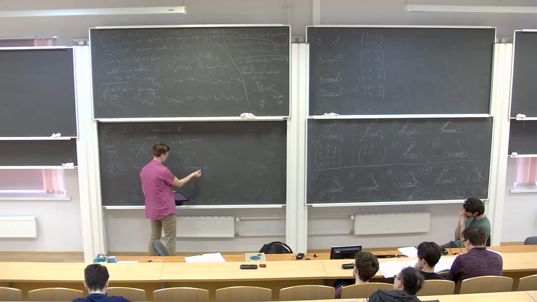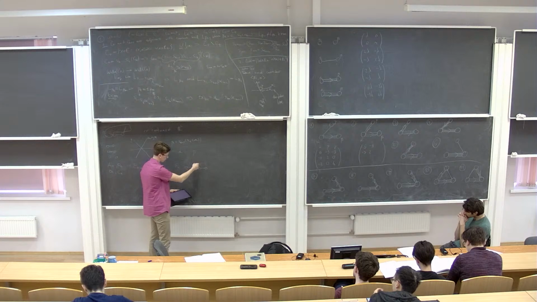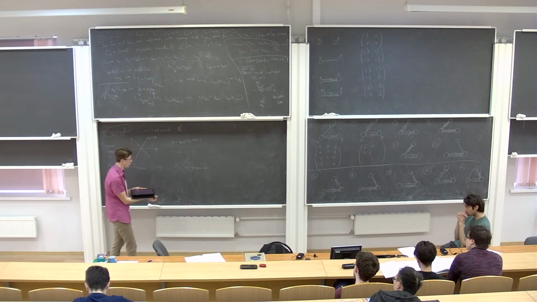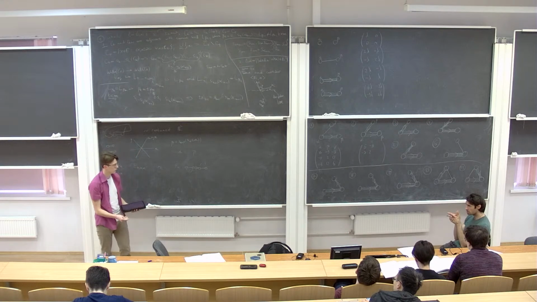Like this and this don't have the same length, and each pair doesn't have the same length, but this one does. And this acts transitively by one. That's all. What else? I think that's it.